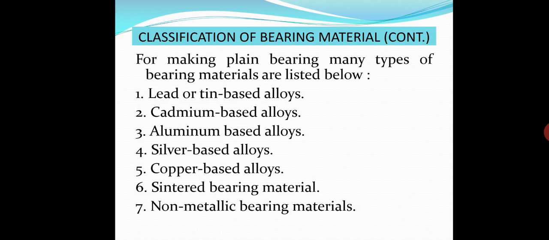Lead or tin based alloys, cadmium based alloys, aluminum based alloys, silver based alloys, copper based alloys, sintered bearing material, and non-metallic bearing material. So, plain bearing materials are classified into these 7 types.